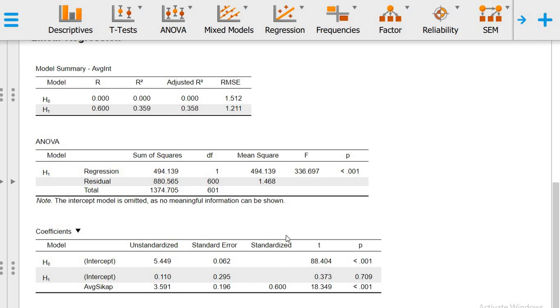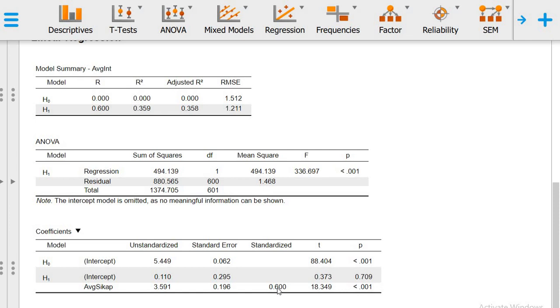If we look at the standardized value, it's 0.6, and we want to know whether this value, which represents the slope of our straight line, is significantly different from 0 or not. If it is significantly different from 0, it means it is a significant predictor.